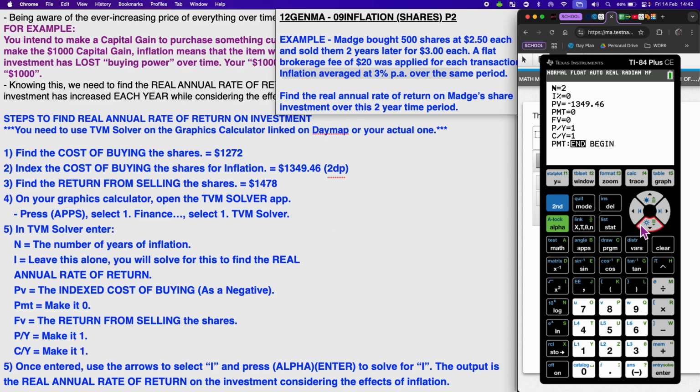Leave it alone. FV is the return from selling the share. So that's the 1478. What does it say to make PY and CY? Make them 1. They're already 1. That's it. So how do I find the real annual rate of return? Once entered, use the arrows to select I and press alpha enter.